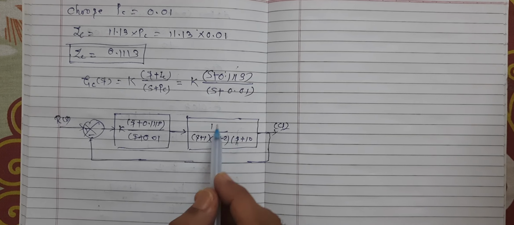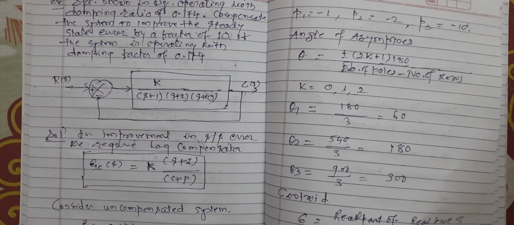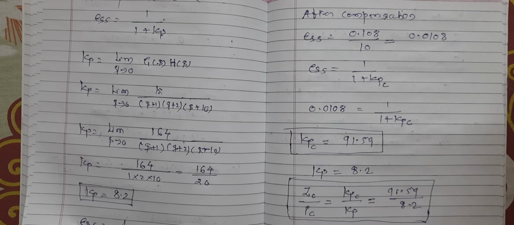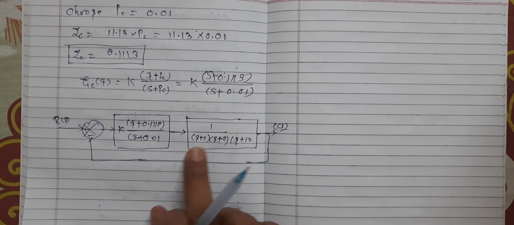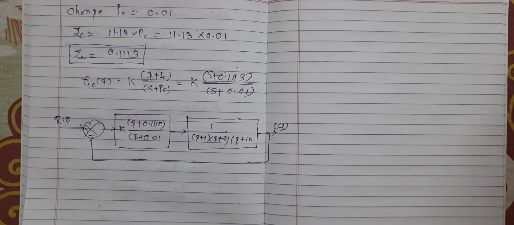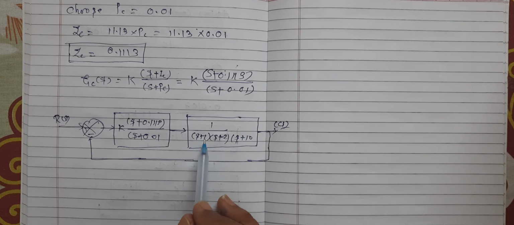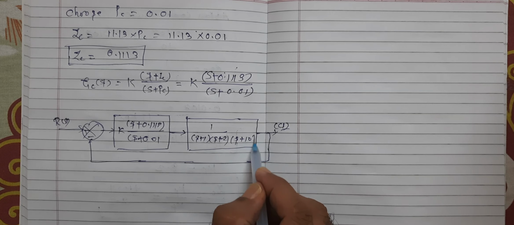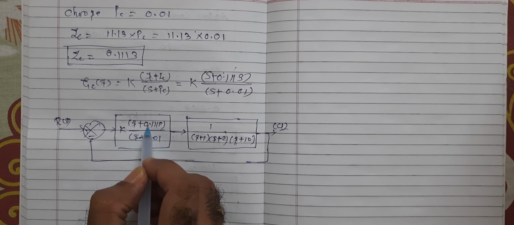Now see here, in the original system, here is the K. So that K we have taken here in the compensator. Here is 1 divided by S plus 1, S plus 2, S plus 10, and this is my system. Now we have one pole here, a second pole here, a third pole here, and a fourth pole here, and one zero here.